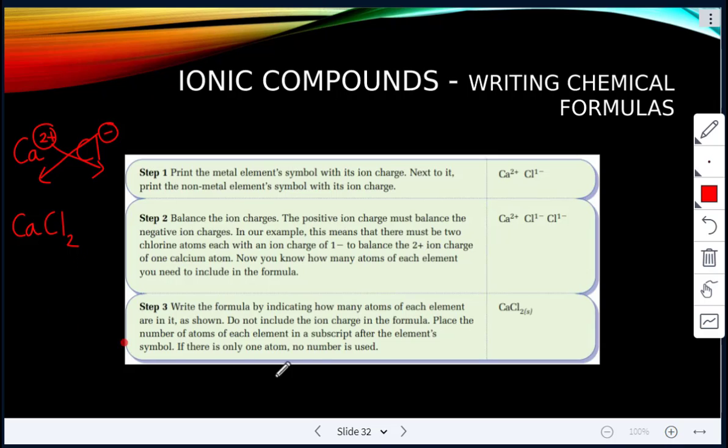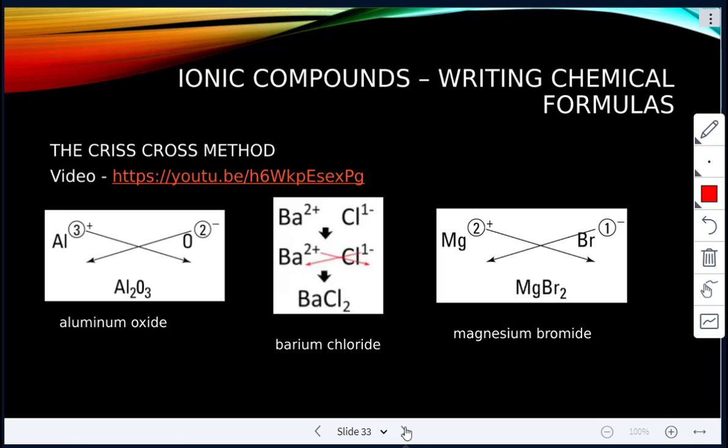So let's take a look at a few more examples here. The first example we have is aluminum oxide. So aluminum has a 3+ charge. Oxygen has a 2- charge. We're just going to crisscross. So the 3 comes down as a subscript for O. The 2 comes down as the subscript for aluminum. And if we look at our name, it is just called aluminum oxide. Here's another example. We have barium.